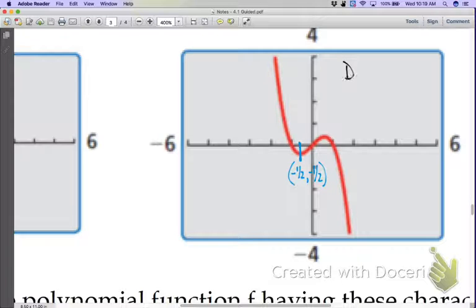But my graph is decreasing from negative infinity, and then it gets to this point right here at negative 1/2. Now, is negative 1/2 included as far as it decreasing? Are we decreasing when we hit the floor?